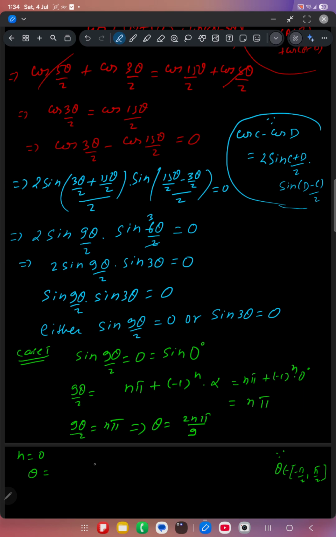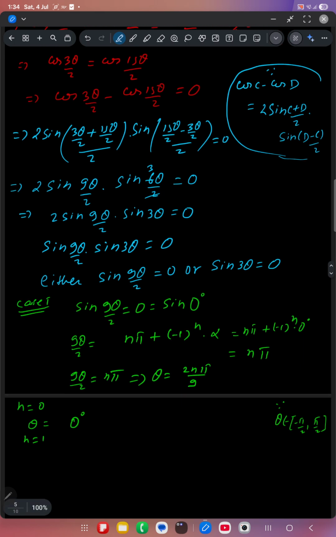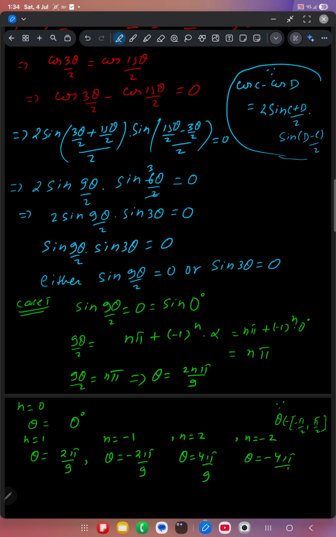For n equal to 0, theta will be 2 into 0 into pi upon 9, so 0 degree. If n is equal to 1, theta will be 2 pi by 9. If n is equal to minus 1, theta will be minus 2 pi by 9. If n is equal to 2, theta will be 4 pi by 9. And if n is equal to minus 2, theta will be minus 4 pi by 9.